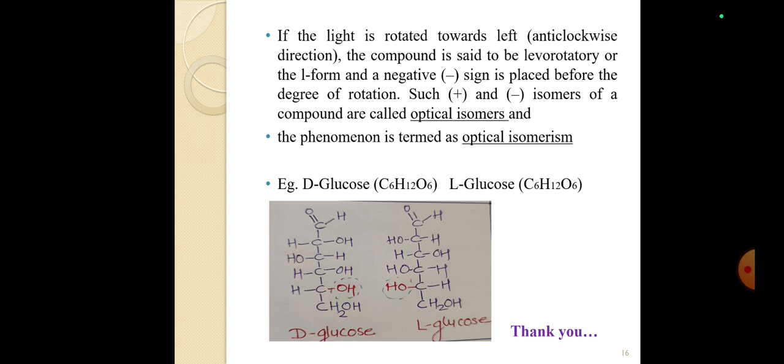Medications having rotation and isomers, those that are optical isomers of each other, also have medicinal values. One optical isomer will have medicinal value, but the other will not. Out of D-glucose and L-glucose, D-glucose is used for instant energy. I have made the structures here also.